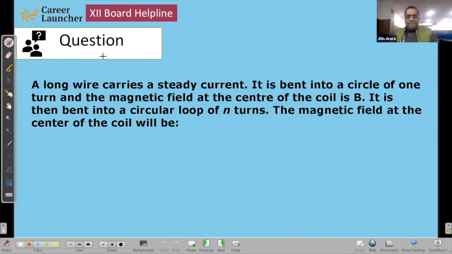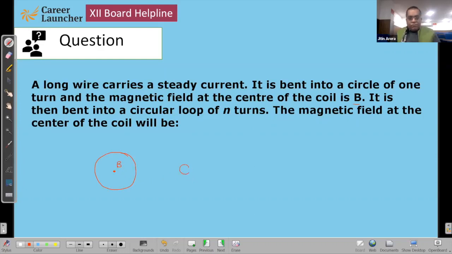अगले question पे आते हैं. A long wire carries a steady current. It is bent into a circle of 1 turn. And the magnetic field at the center of the coil is B. It is then bent into circular loop of small n turns.